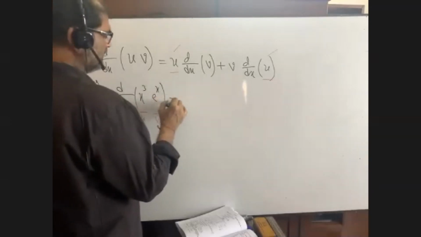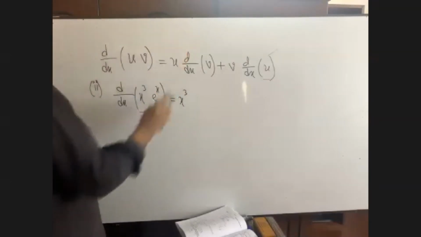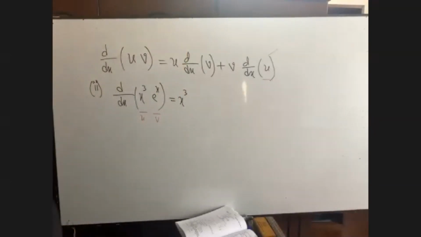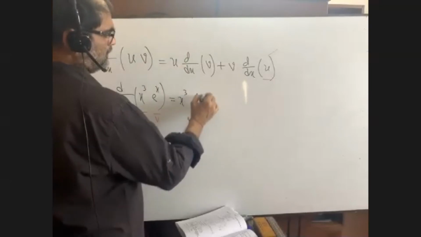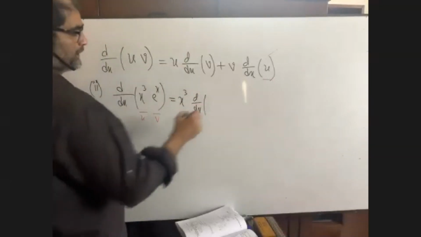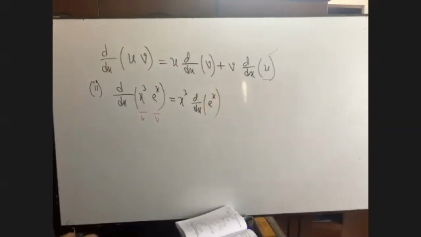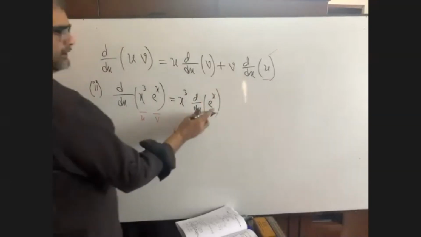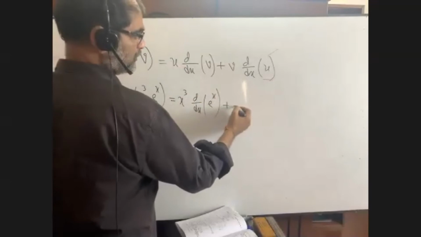So we are getting here x cube, you put the value u, then d by dx of v means what? e to the power x. Then again it is ended with e to the power x, so it will be started with e to the power x.